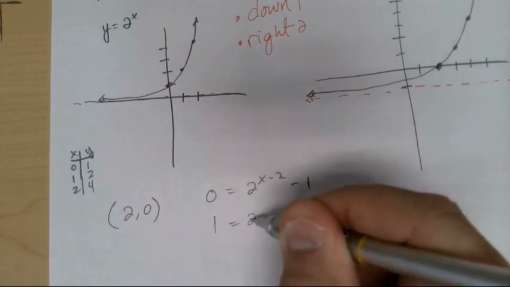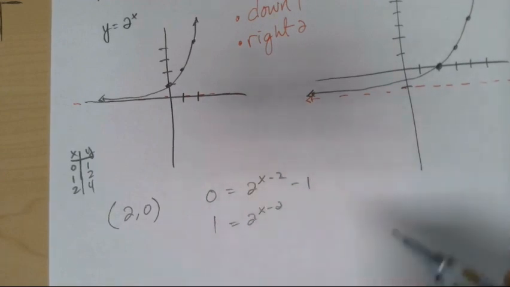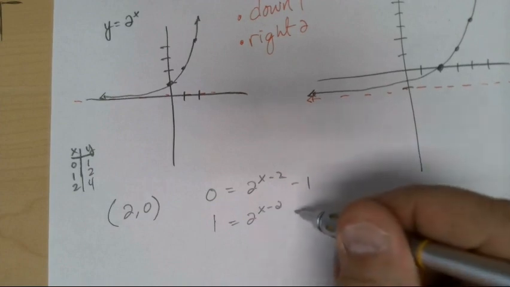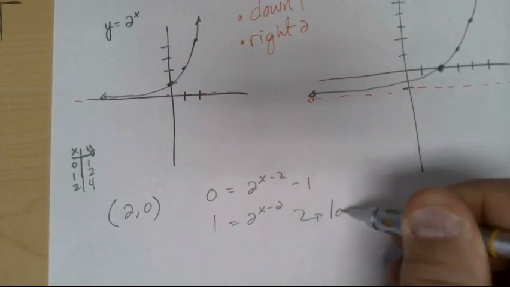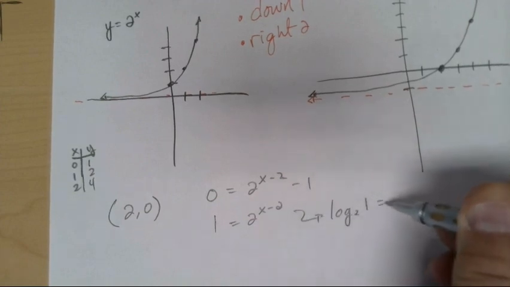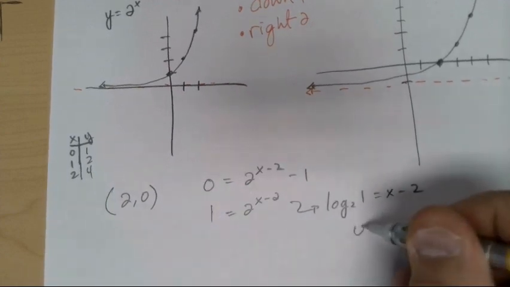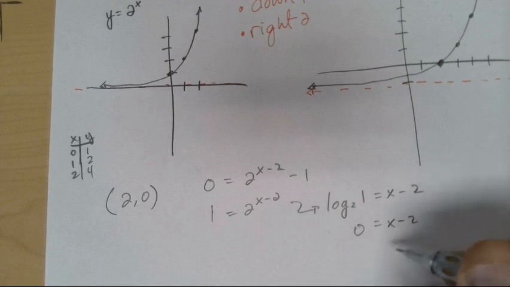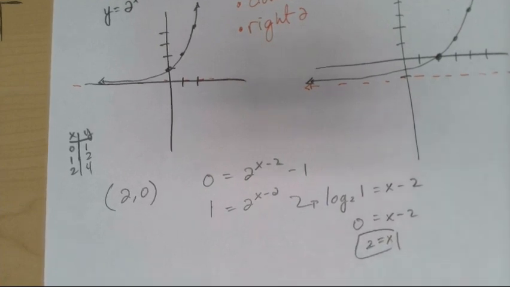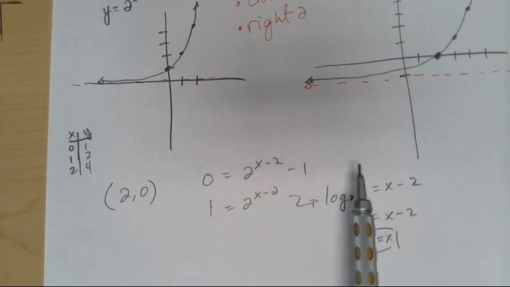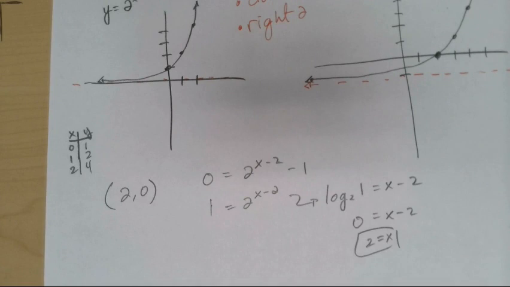I'd add 1. And then I'd rewrite it as a log. The log base 2 of 1 equals x minus 2. The log base 2 of 1 is 0. If I add 2, I get x equals 2. There is my x-intercept at 2, 0. So I could do it algebraically like this, or I could think through it graphically.